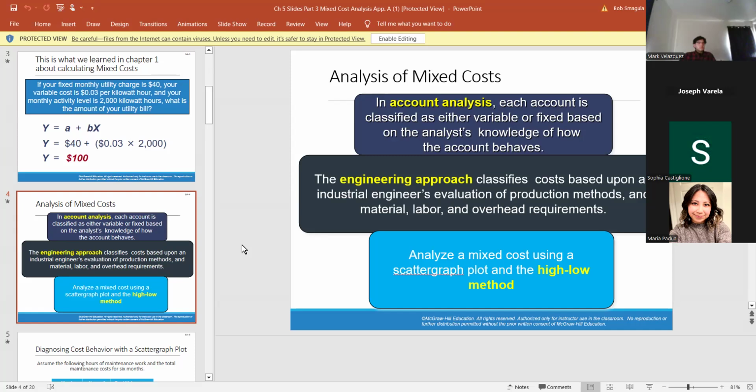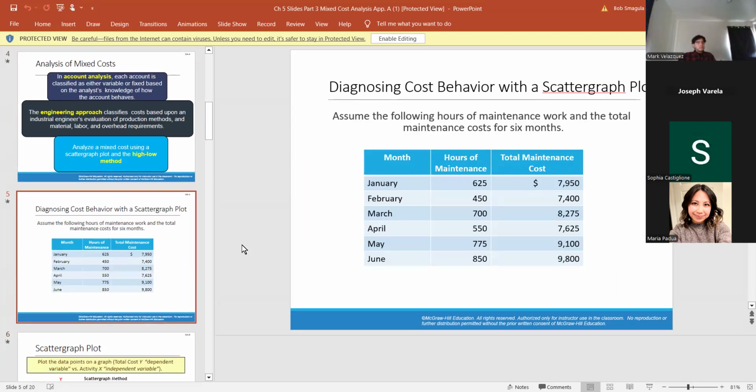Here are different ways to break out a cost. You know that this is the cost per this item, but how do you know which is variable and which is fixed? You're not going to know unless you do a few things. Look at this information here. Maintenance work at a factory, say.